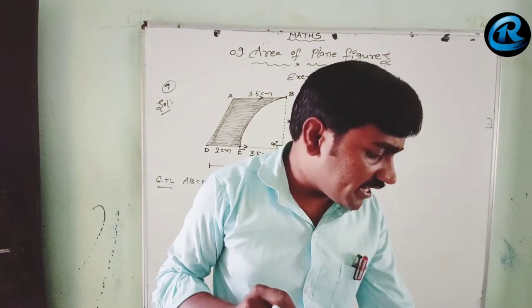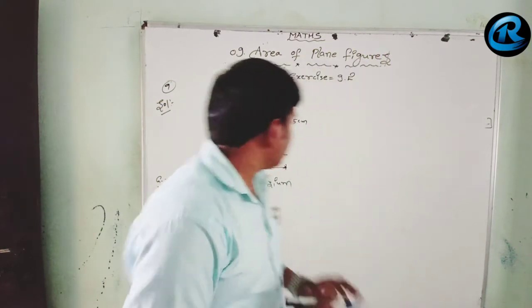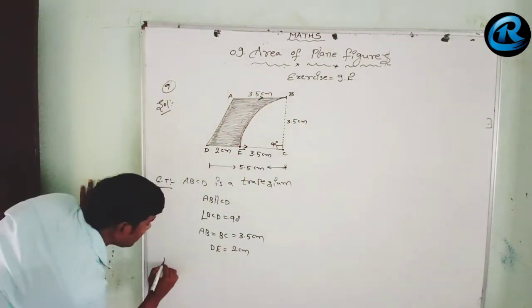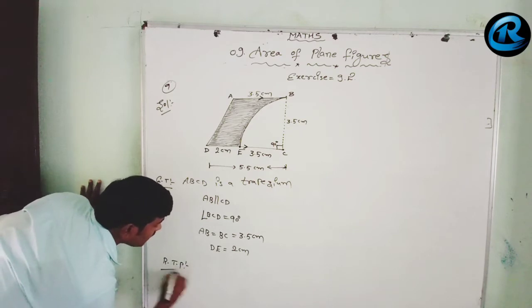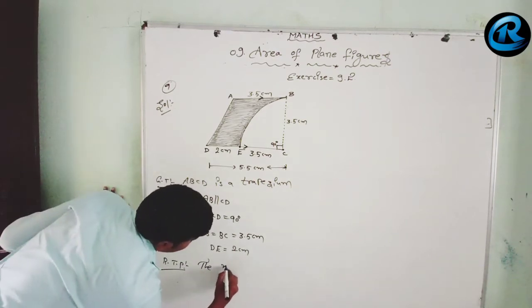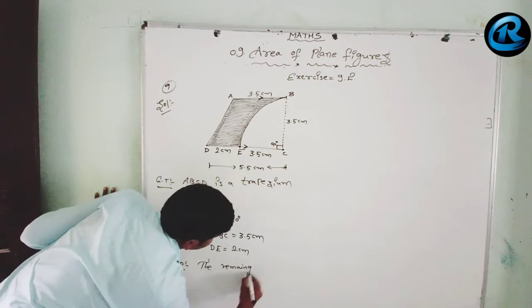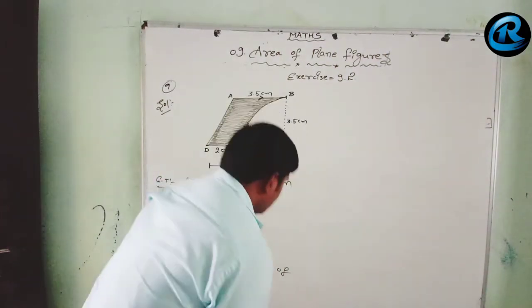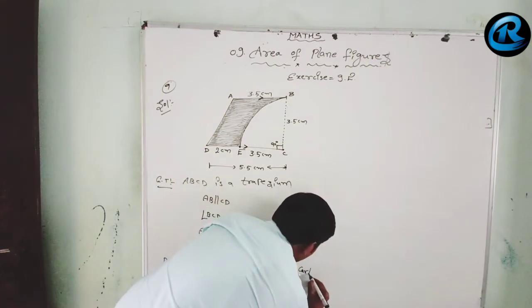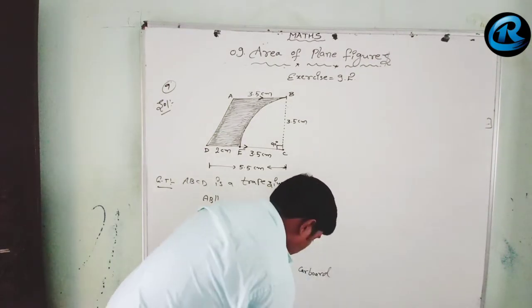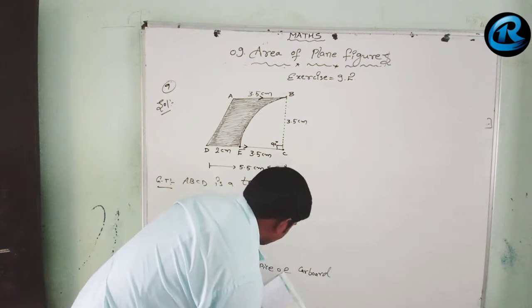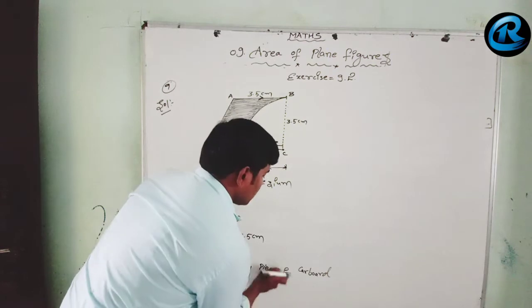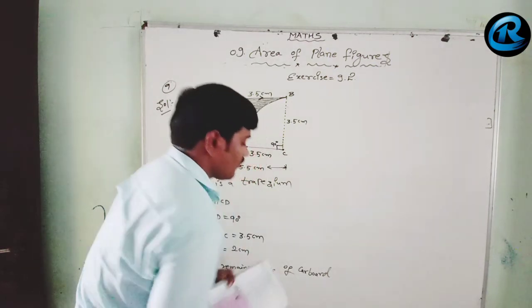Calculate the area of the remaining piece of the cardboard. The remaining piece of the cardboard, this area of the shaded region, we have to find out.